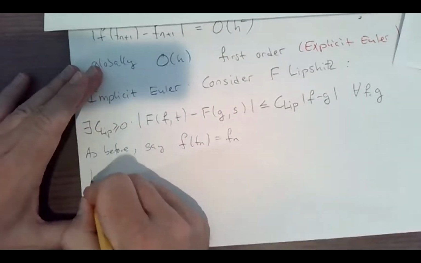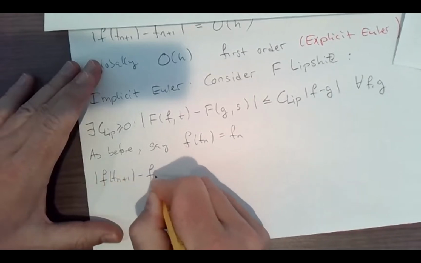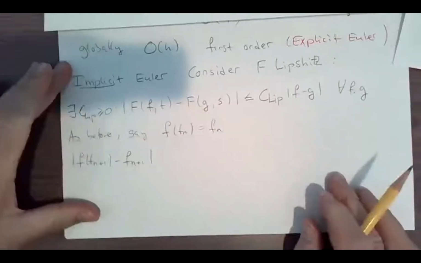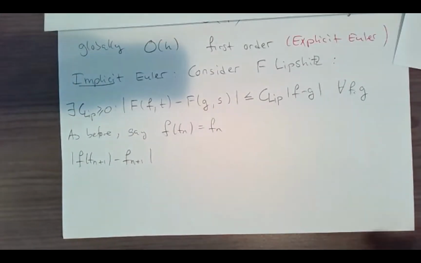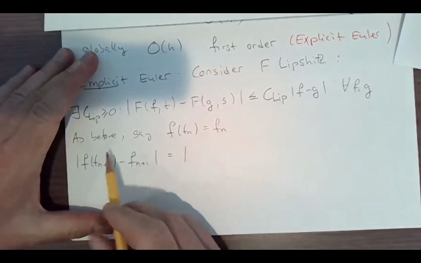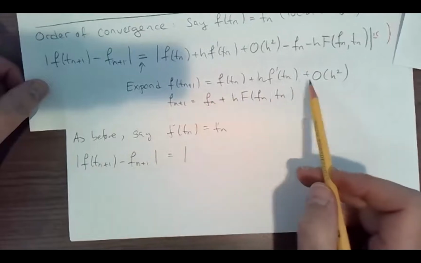Let's look at the difference between the next ones, f of Tn plus 1 minus Fn plus 1. Now we're using the implicit Euler scheme, that's the one we're working on. So what are we going to get this time? First we expand in the Taylor approximation, just like here.